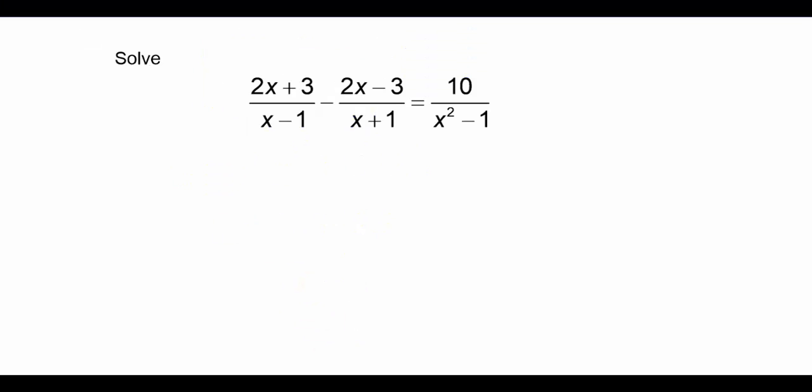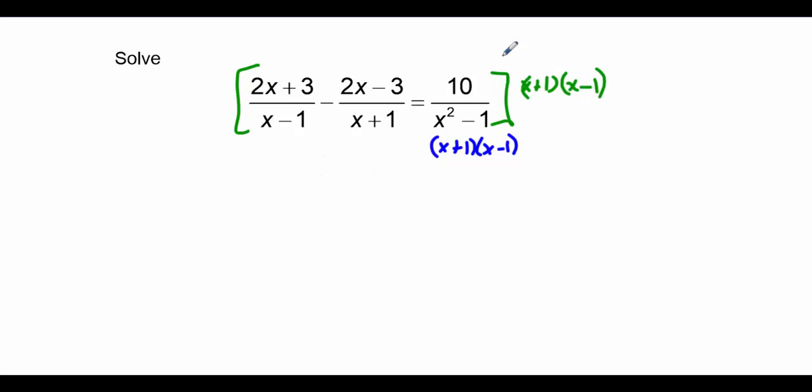Our last example requires that we factor first. So we'll have x plus 1 and x minus 1. And then we find a common denominator of both sides, which is that value of x plus 1 and x minus 1.